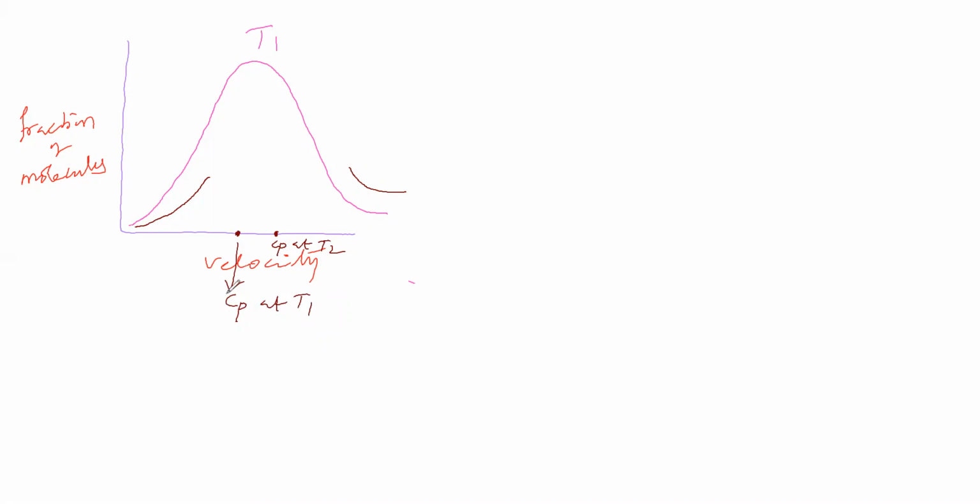Next we will see the fraction of molecules having the most probable velocity. This is the fraction of molecules having this most probable velocity. At this most probable velocity, the fraction of molecules is this much.